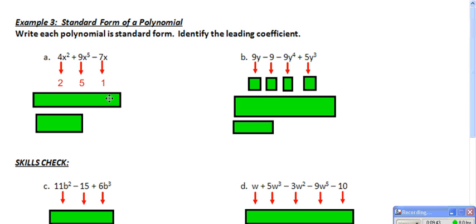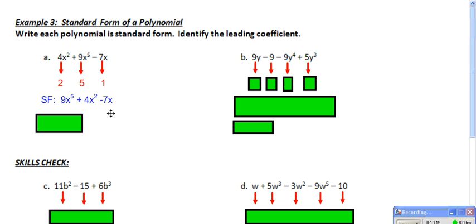Remember, putting things in standard form, you're going to write your greatest degree first. In this case, that would be 5. This is a positive 9x, so make sure you put 9x, show that as positive. The next one would be 2. So we would have a plus, because it's a positive 4x, so 4x squared. So you'd have 9x to the 5th plus 4x squared, followed by the negative or minus 7x.